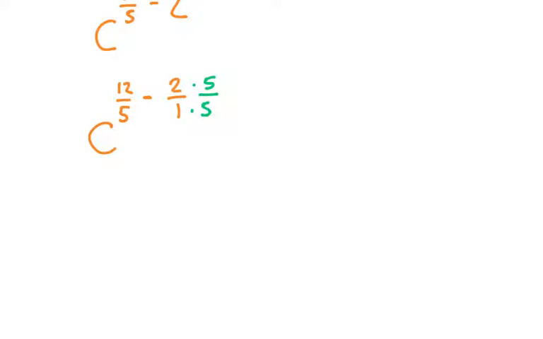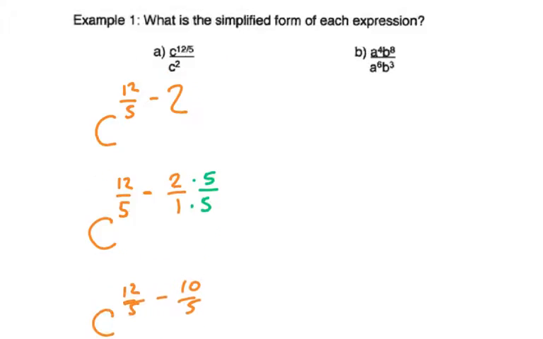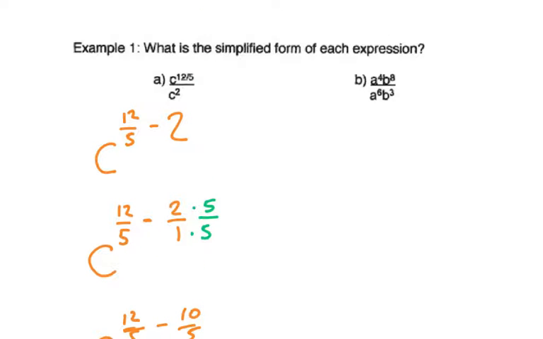And this will get me 12 over 5 minus 10 over 5. Because the denominators match, we can subtract, and we'll get s to the 2/5. 12 minus 10 is 2 over 5. And that's it. Okay, so they're throwing some ugly looking fractions at you, but not too big of a deal.